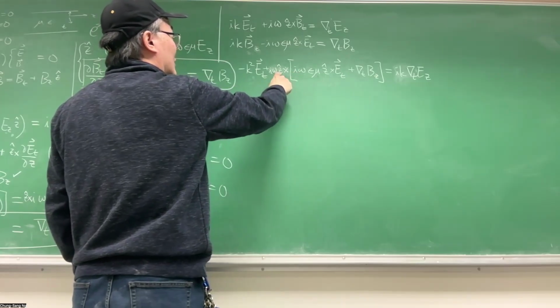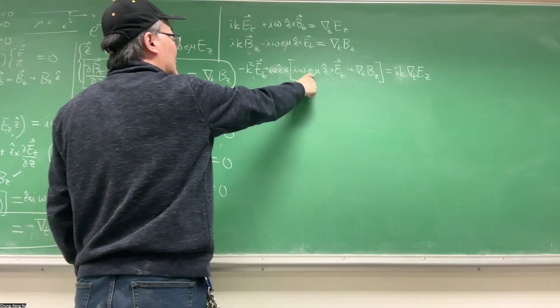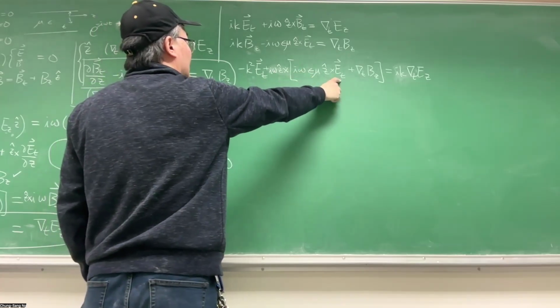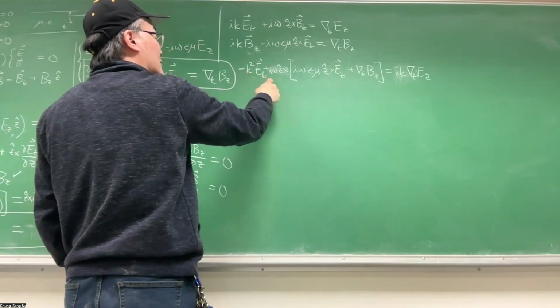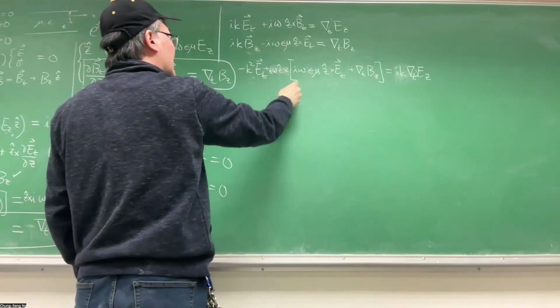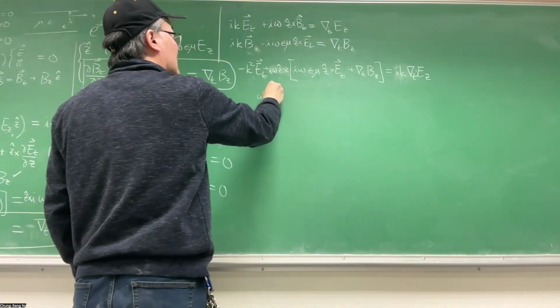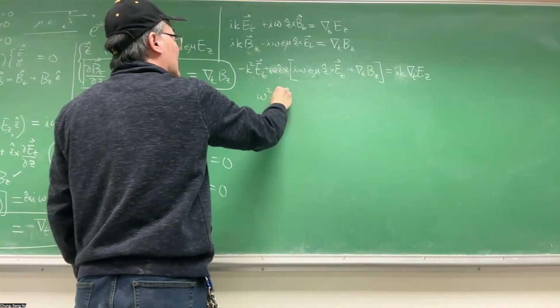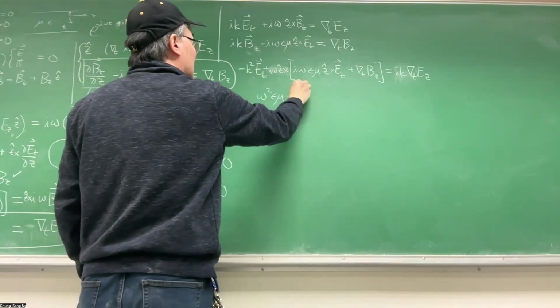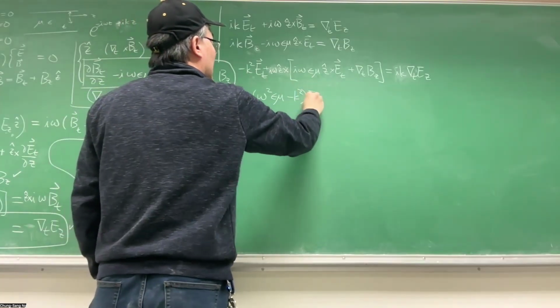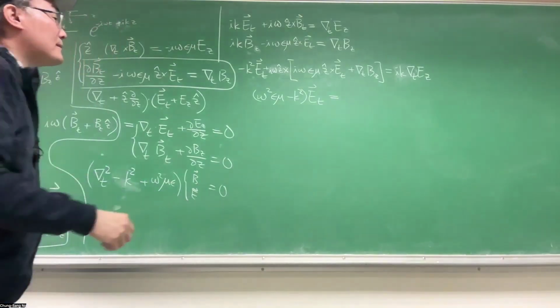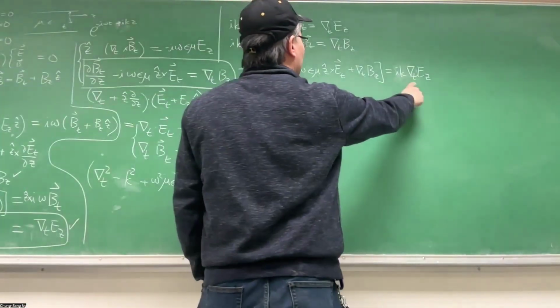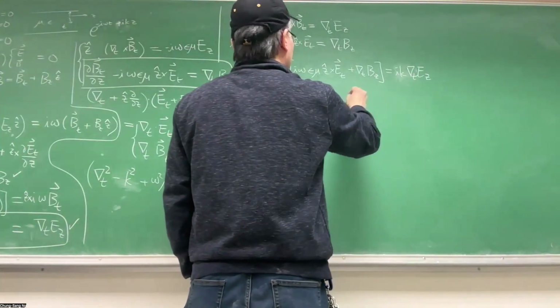Okay, so altogether the coefficient omega square epsilon mu multiplied by e sub t, but you already have an e sub t, but multiplied by minus k square. So altogether it is omega square epsilon mu minus k square, e sub t equals the right hand side.